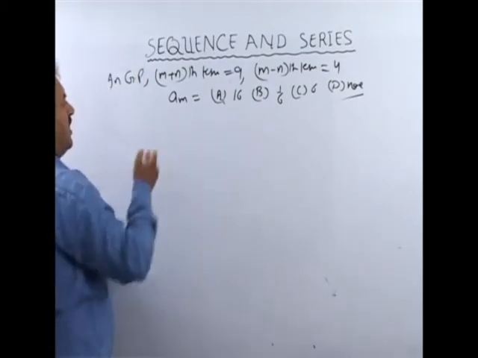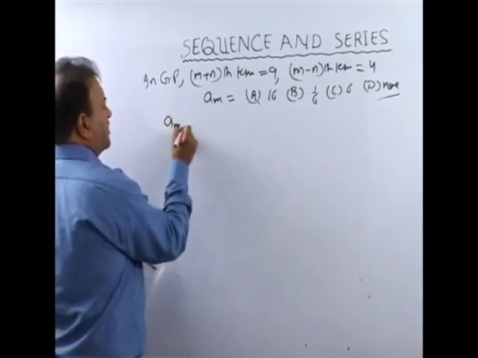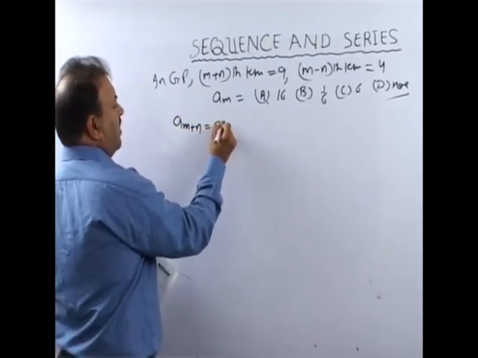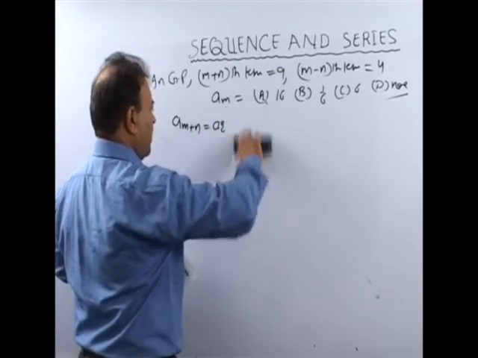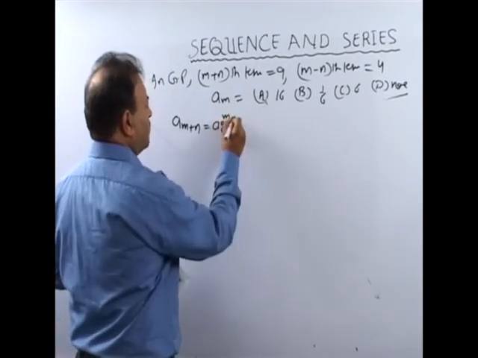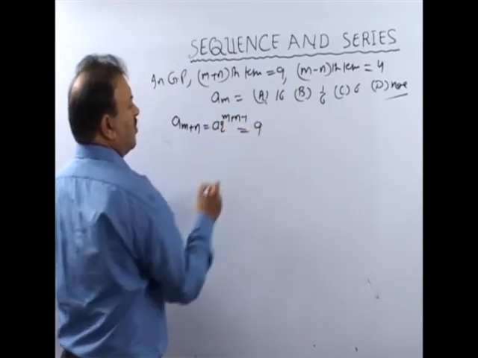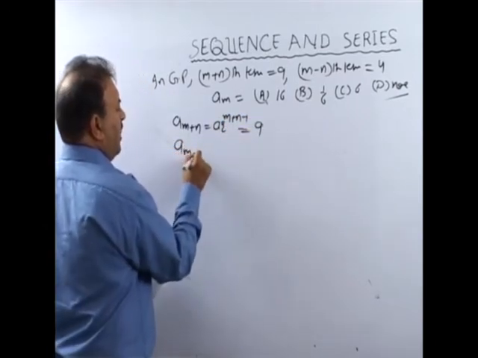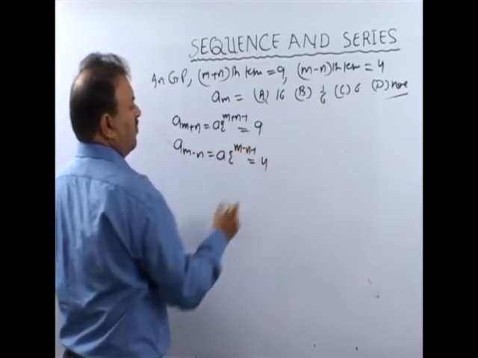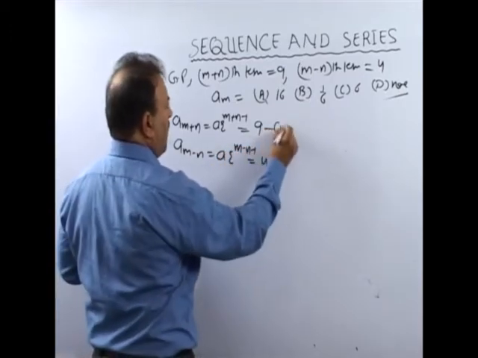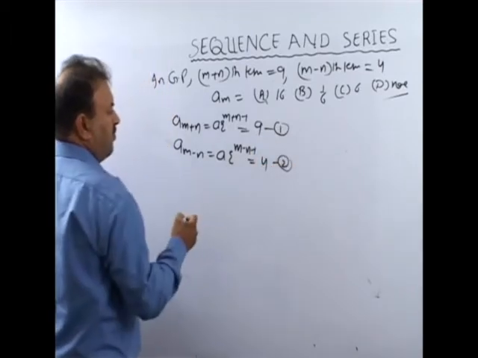Now how do we proceed? The m plus nth term is ar to the power m plus n minus 1, which is equal to 9. The m minus nth term is ar to the power m minus n minus 1, which is 4. Now we apply what?